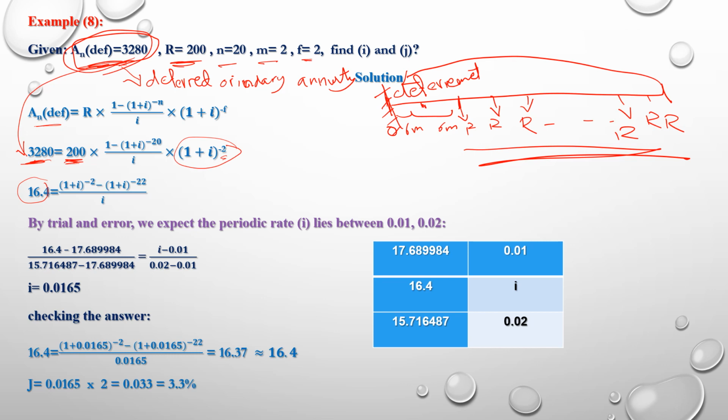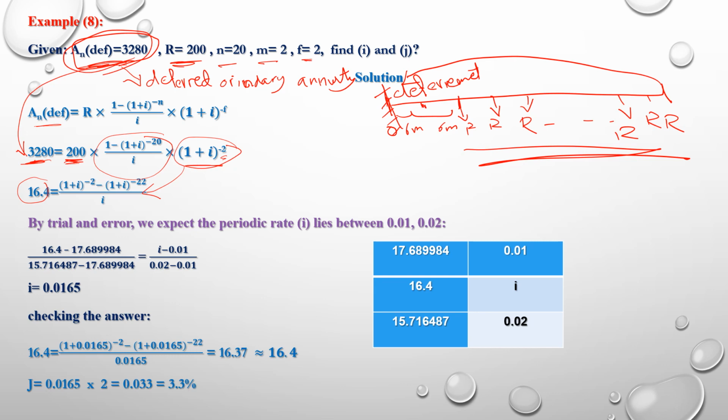By multiplying, we get 1 times (1 plus i) to the power of minus 2 gives (1 plus i) to the power of minus 2, and (1 plus i) to the power of minus 20 times (1 plus i) to the power of minus 2. The base is the same, so we will add the power. So (1 plus i) to the power of minus 22, as 20 plus 2 equals 22, over i.